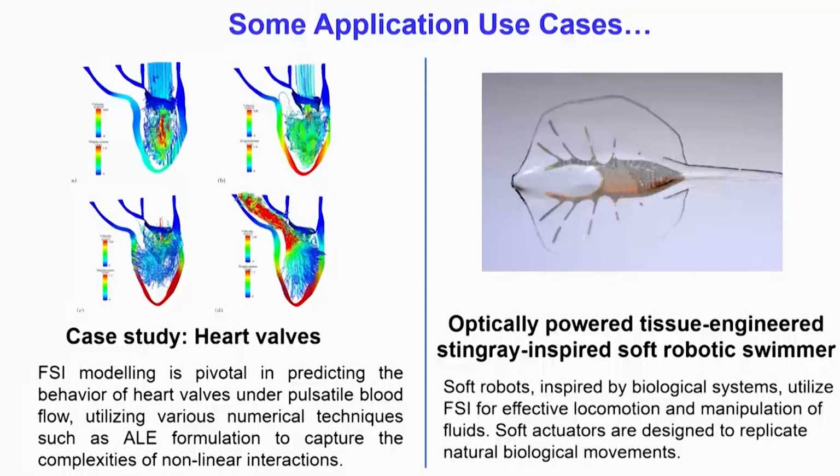And the optically powered tissue engineered soft robotic swimmer, this I talked about as one of the examples. So, there is something which we call a swimmer, a small thing which is moving in a fluid stream. It can be anywhere inside the human body, and we care about its effective locomotion and manipulation.